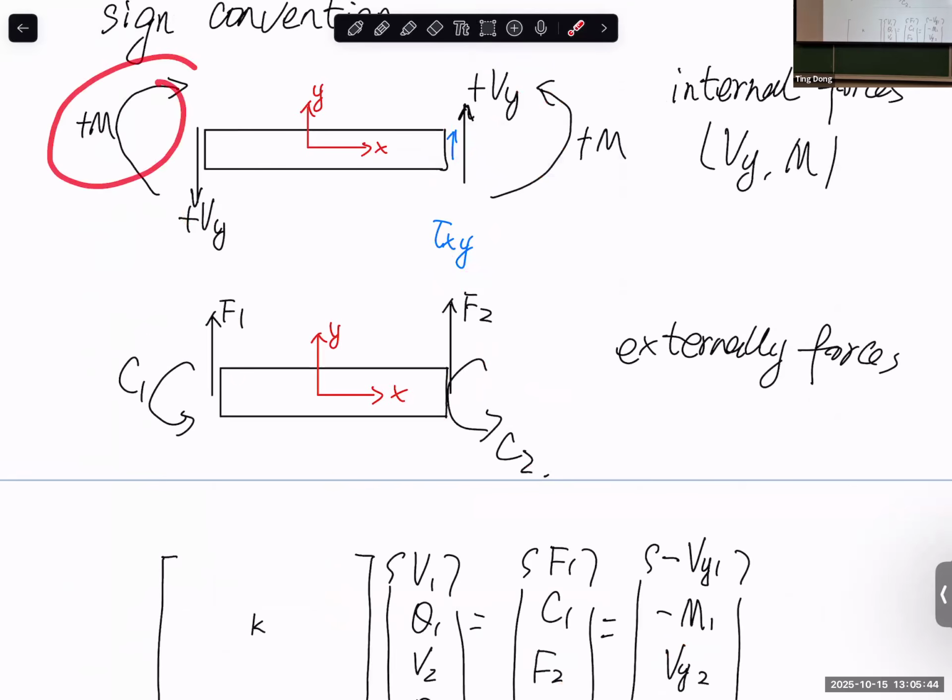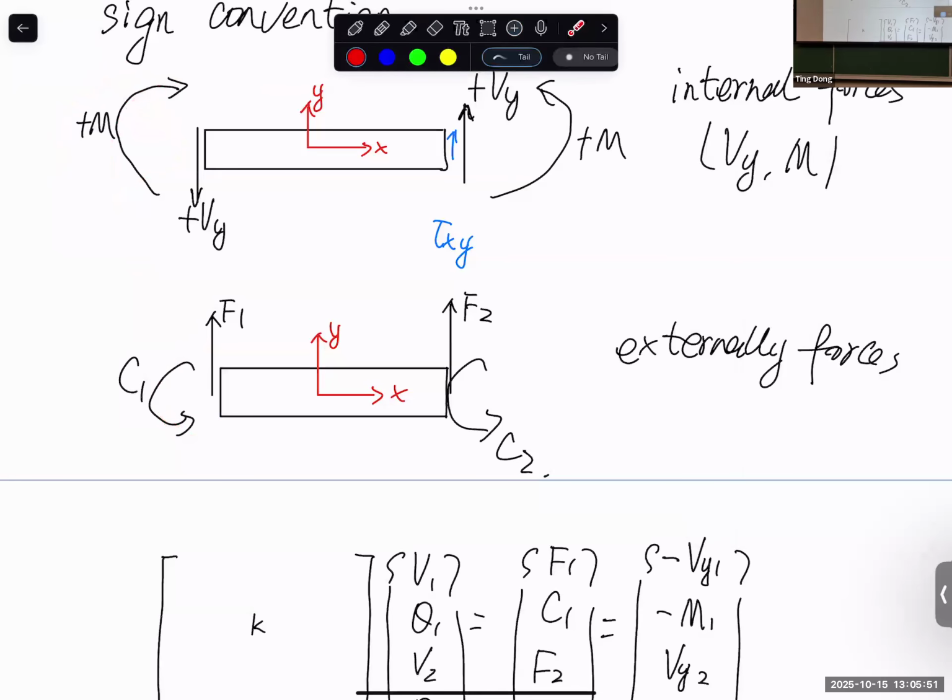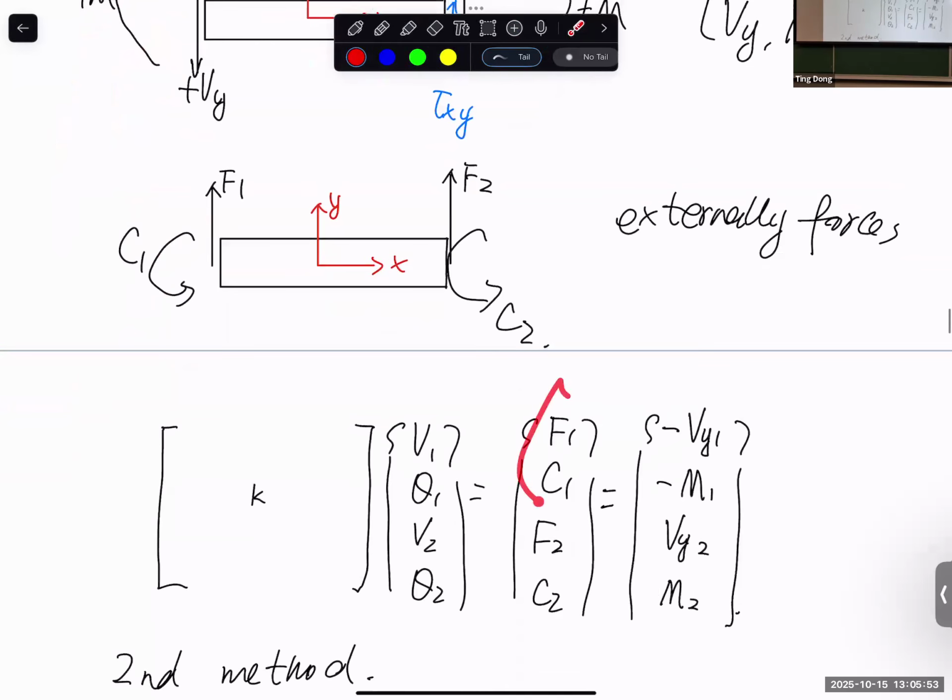For the internal force, clockwise is positive at the first node, while counterclockwise is positive for the external one. So even though they have the same magnitude, you need to add a negative sign simply because of sign convention. This is the first method of calculating bending moment and shear force at a node.